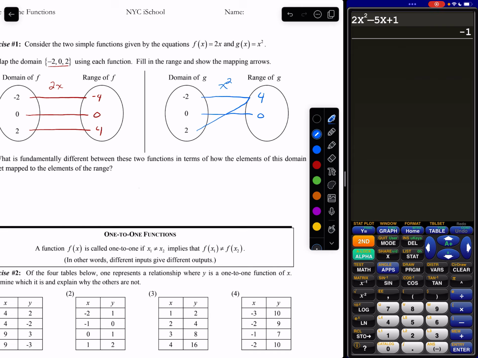And you can see here in g of x, both -2 and 2 map to 4. So they are both functions, but what's a little bit different is that -2 and 2 map to 4. So what we're going to talk about here are one-to-one functions, okay?